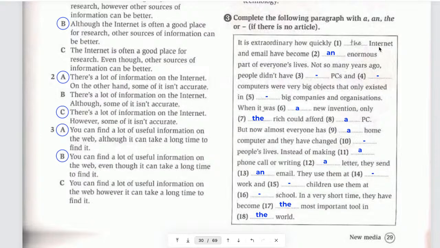All right, now next one, Quỳnh Hương. Yes, the internet and the email have become an enormous part of everyone's lives. Okay, why do we need to use an in this case?